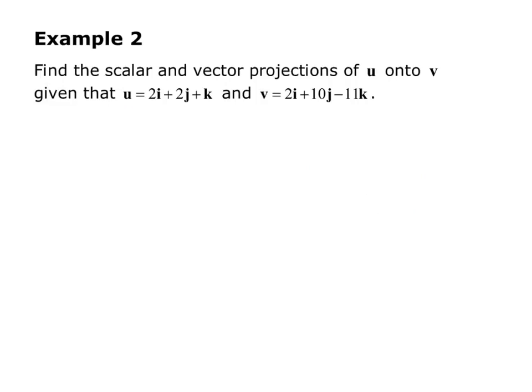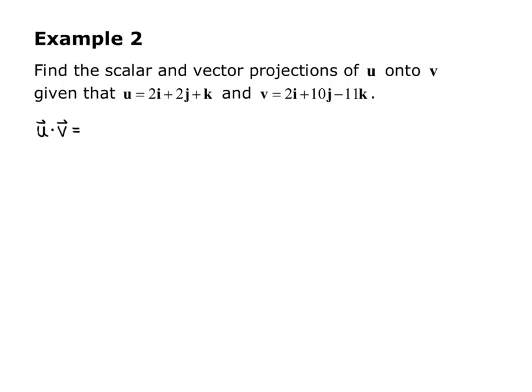So let's do example 2 from the guided notes. We want to find the scalar and vector projections of u onto v, given that vector u is 2i plus 2j plus k, and vector v is 2i plus 10j minus 11k.